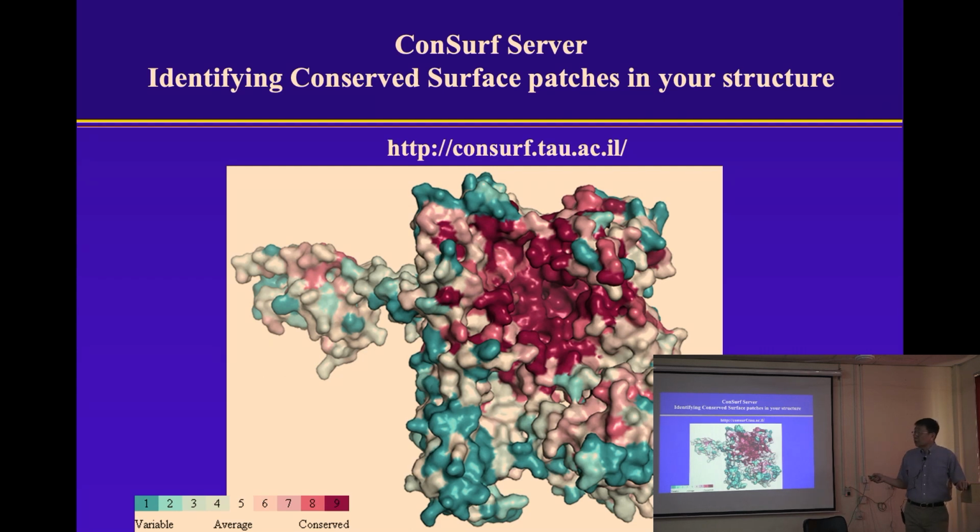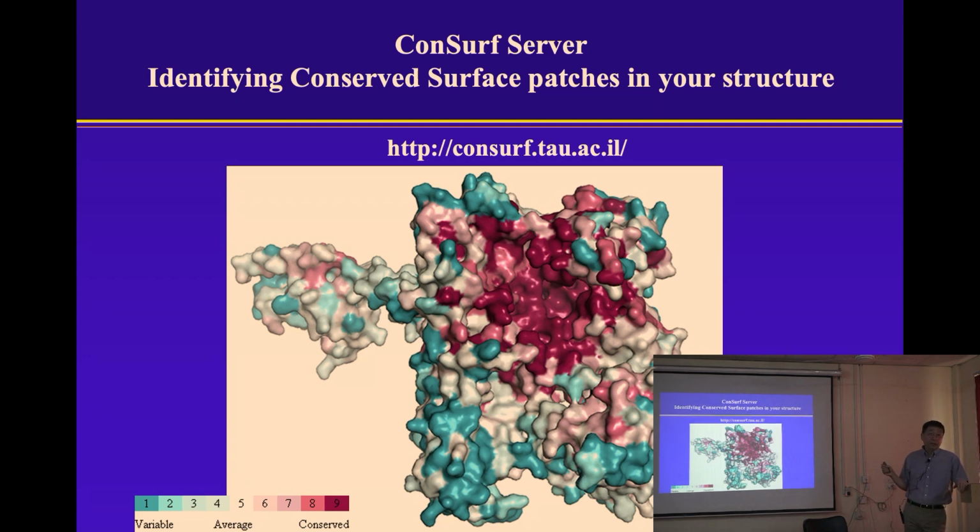And then another server that's quite useful, very powerful as well, is called ConSurf. Have you heard of it? No? Okay. ConSurf means conserved surface. What this does is you upload your PDB file to the server, which is based in Israel.